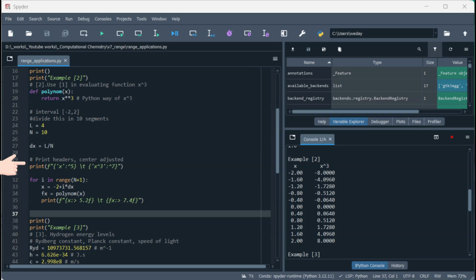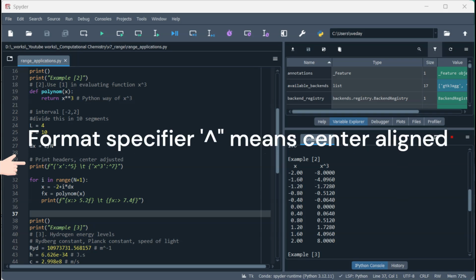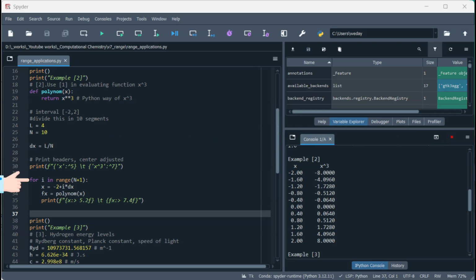In the above, the format specifier in the f-string, ^5, means center align the value within a field of width 5. Now compute x and f(x) values for partition points with the range function. For i in range(n + 1): x equals -2 plus i times dx, fx equals polynom(x).